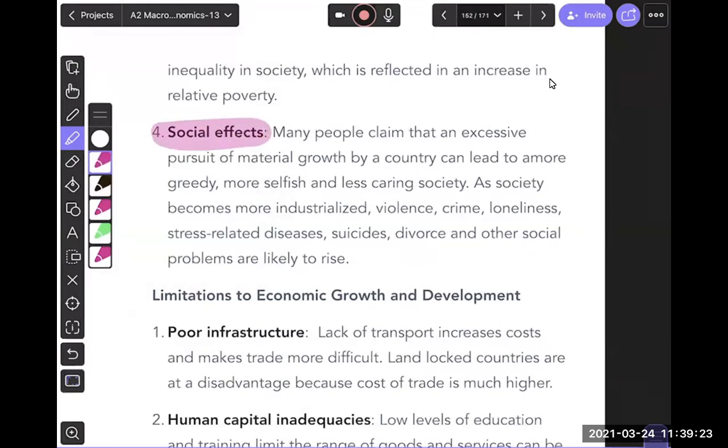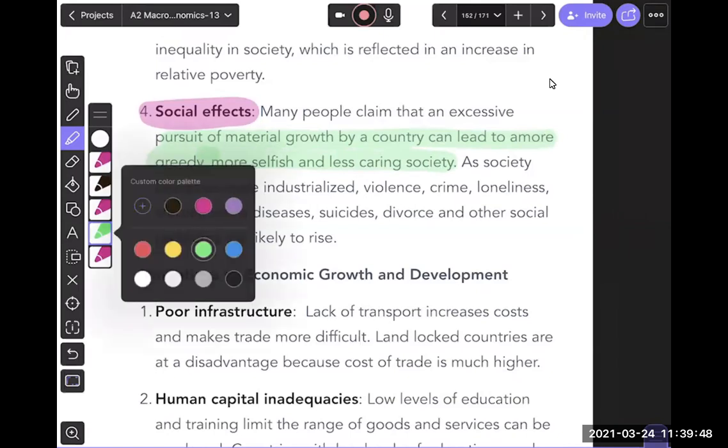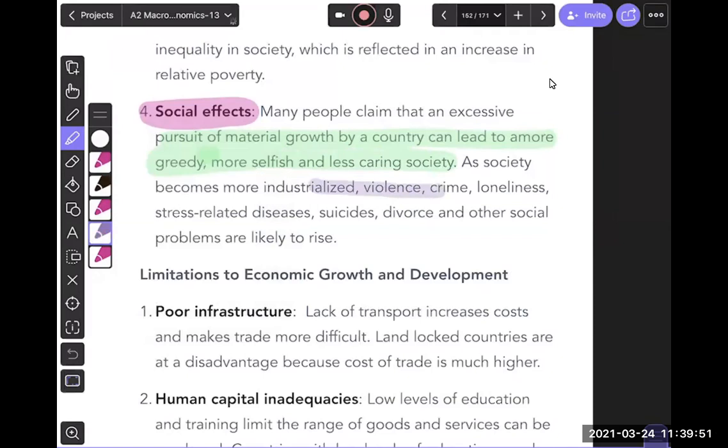One of the social effects is that because of economic growth, people may end up pursuing what we call material growth for a country, and this could lead to a more greedy, more selfish, and less caring kind of environment, where people are only fulfilling their self-interest rather than the interest of society. As a country becomes more industrialized, it is also seen that there will be more violence, more crime, more loneliness, and stress-related illnesses because of the quick growth, and so on.